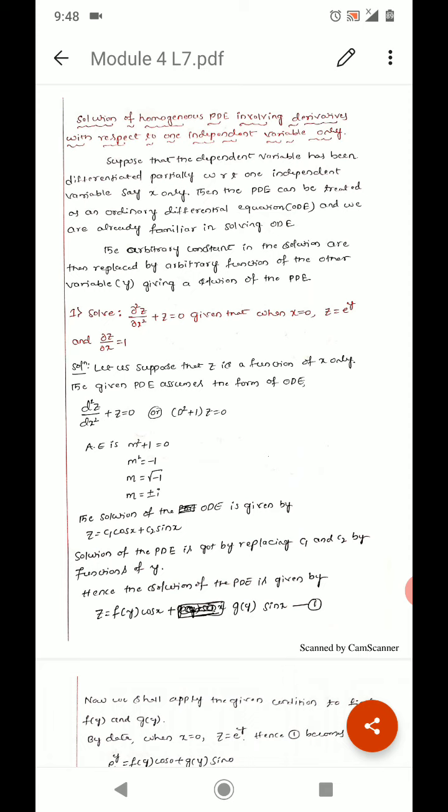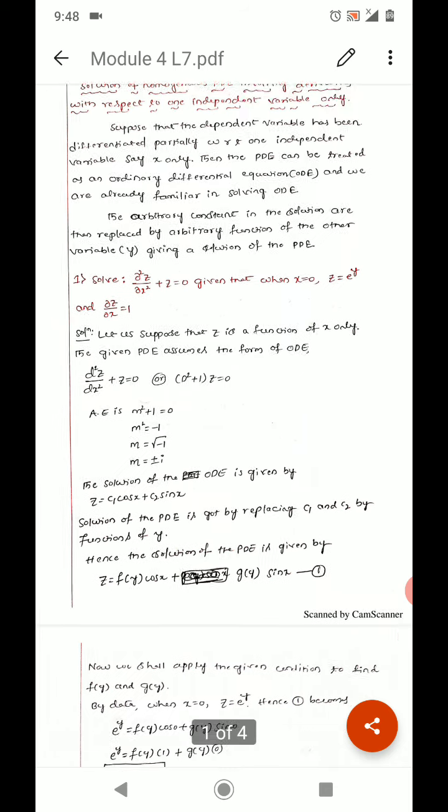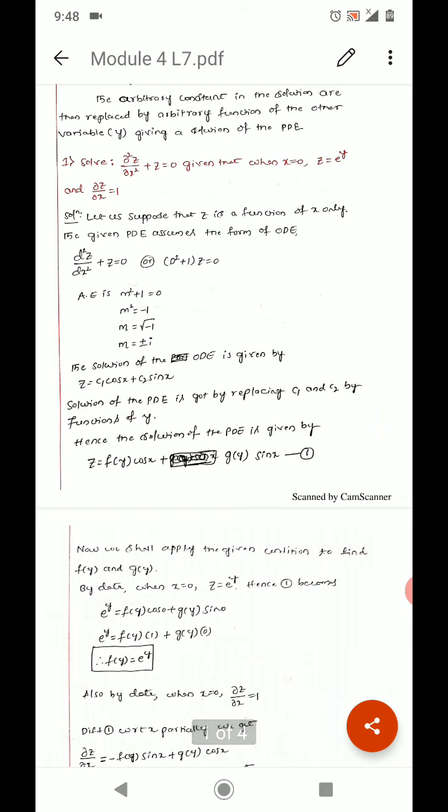So the solution becomes z is equal to f of y into cos x plus g of y into sin x. Here f of y and g of y are functions of y. So take this as equation 1. Now use the given data to find out the values of f of y and g of y.